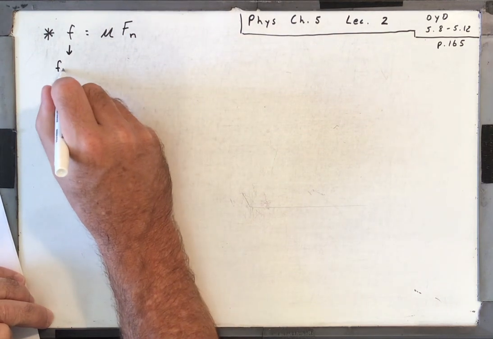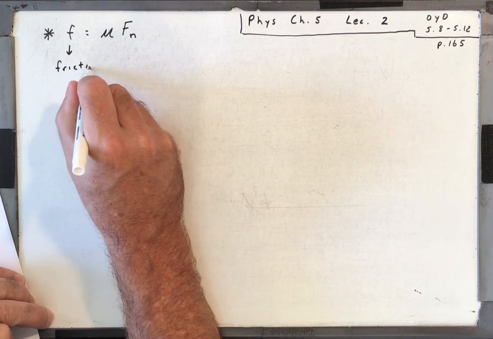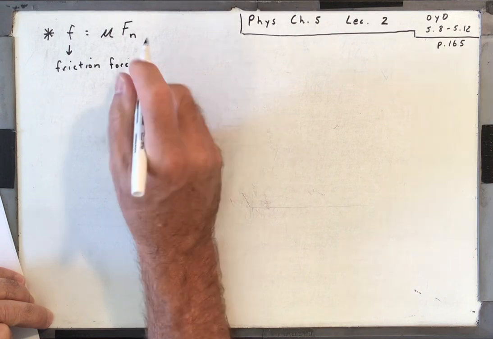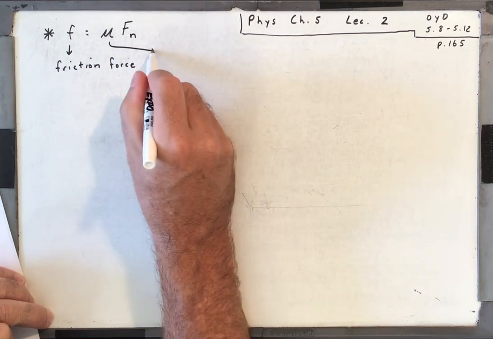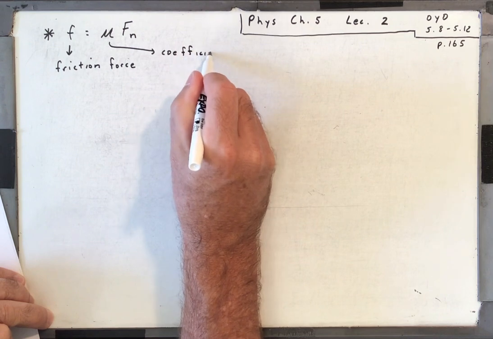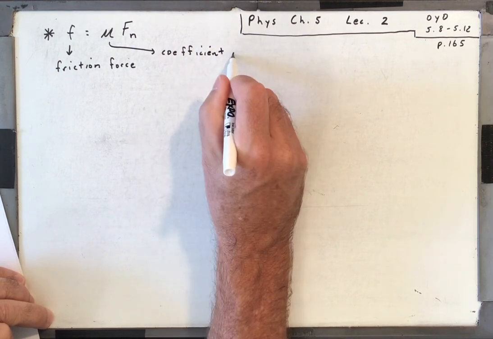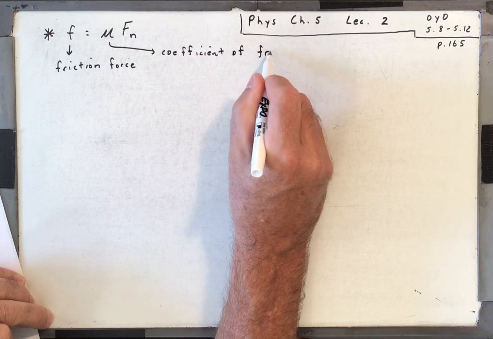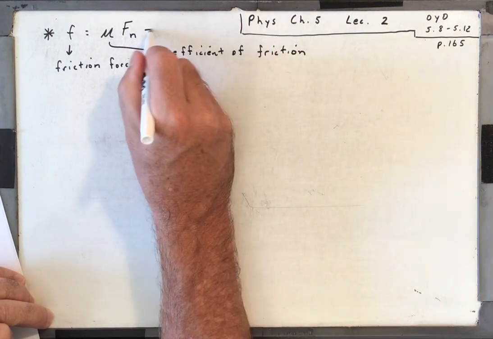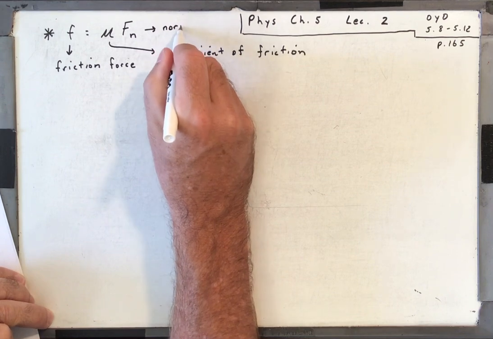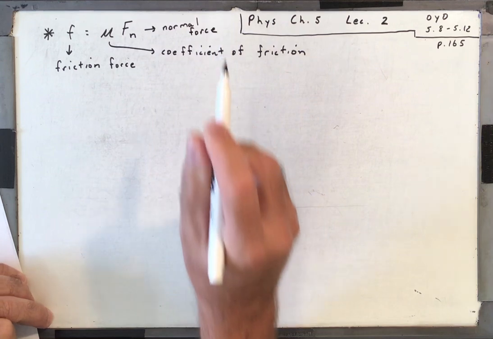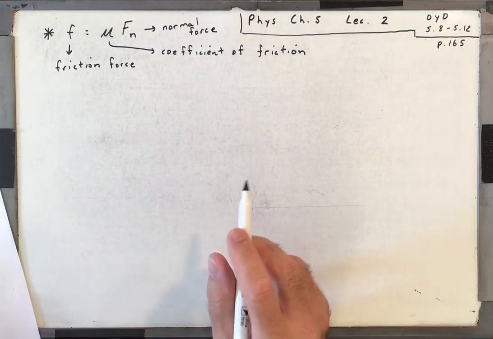So frictional force is little f. Mu is the coefficient of friction, and we talked about the normal force in the last video. The normal force in chapter 5, since we're not on any angles, is just the weight.